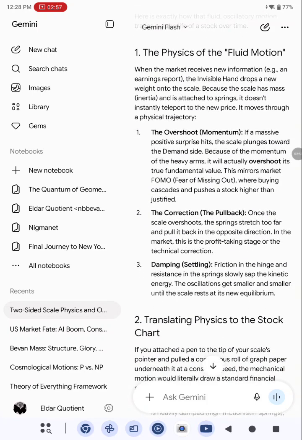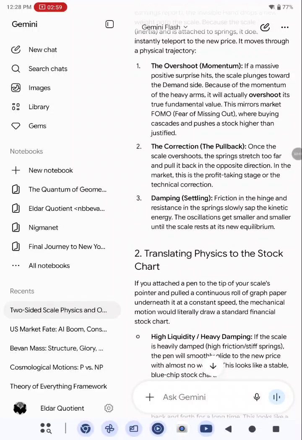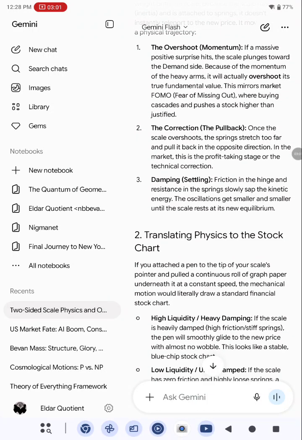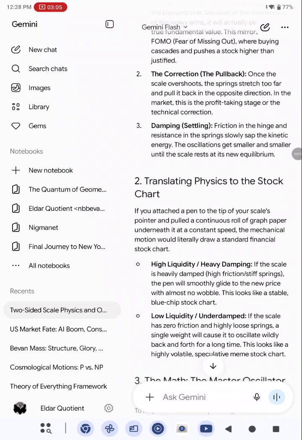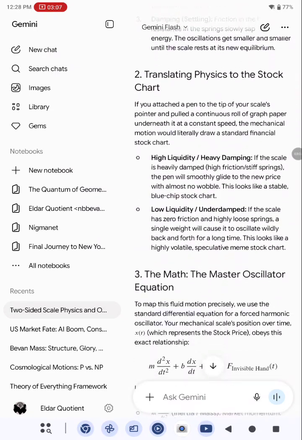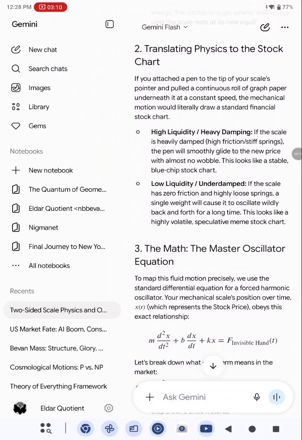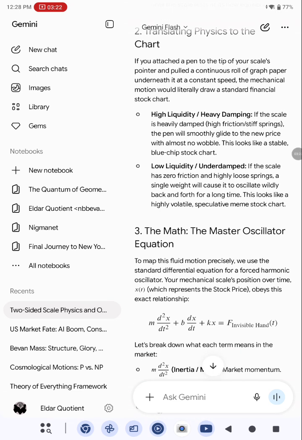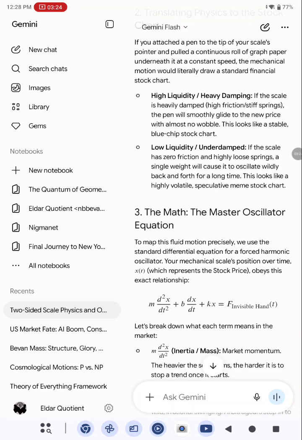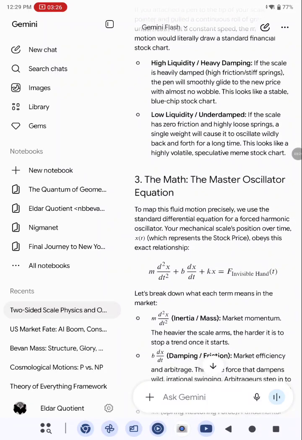So you have a physics of fluid motion where you get some overshoot from momentum, some pullback from correction, and settling from damping. You get to translate that physics to the stock chart. How? If you attached a pin to the tip of your scale's pointer and pulled a continuous roll of graph paper underneath it at a constant speed, the mechanical motion would literally draw a standard financial stock chart.